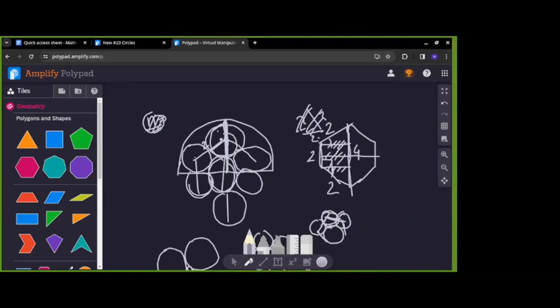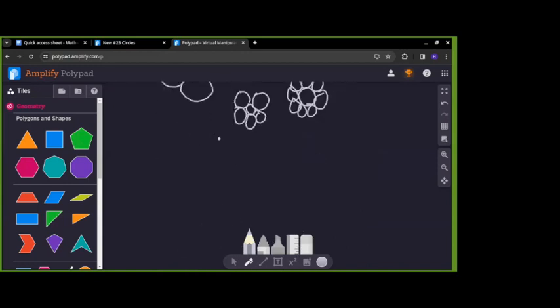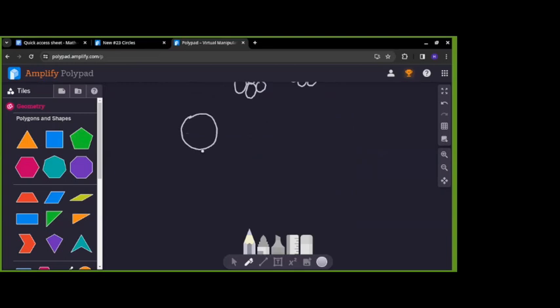For 3 outer circles, we can probably calculate the radius of the smaller inner circle.